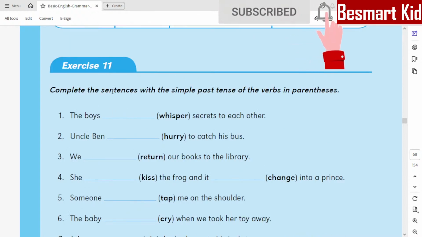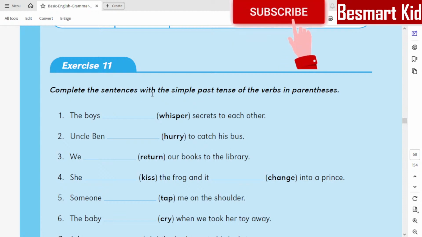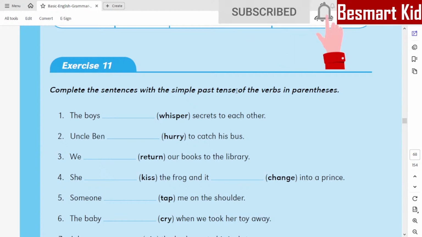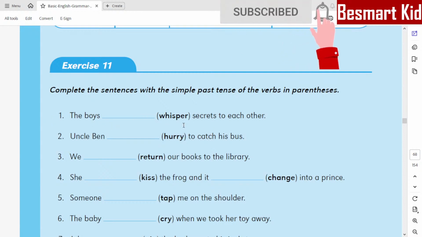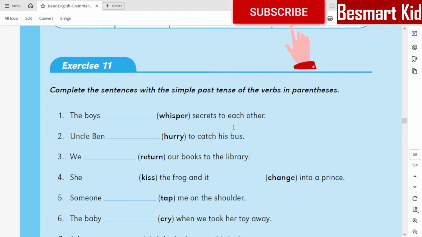Complete the exercise 11. Complete the sentences with the simple past tense of the verb in the parentheses. First, the boys dash whisper in brackets secret to each other.